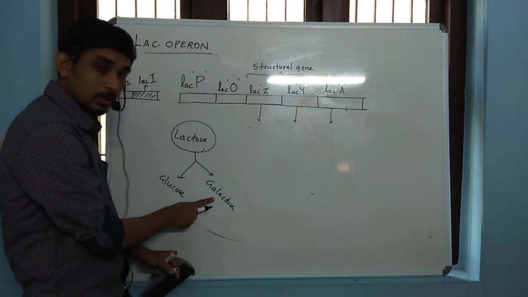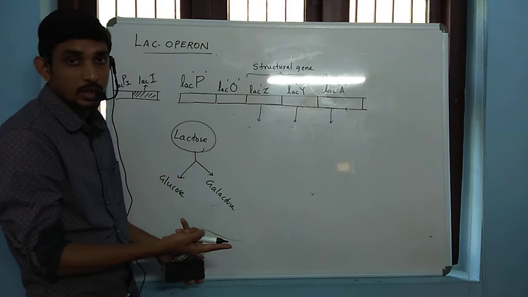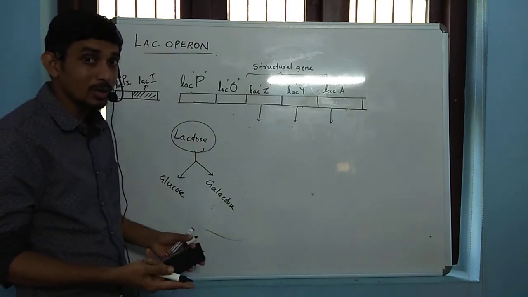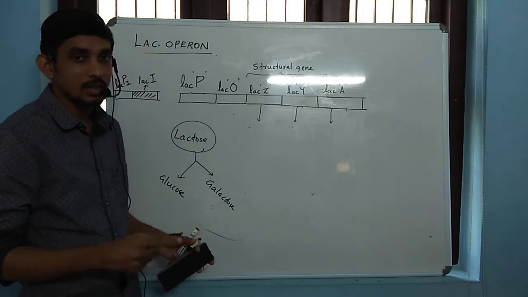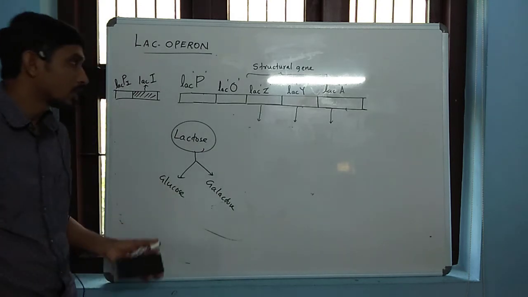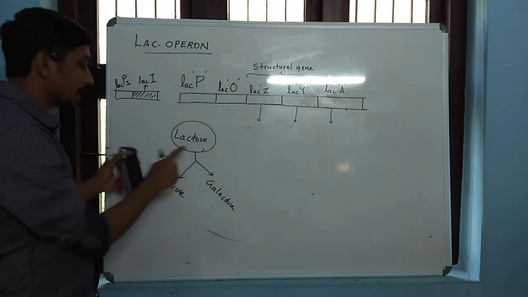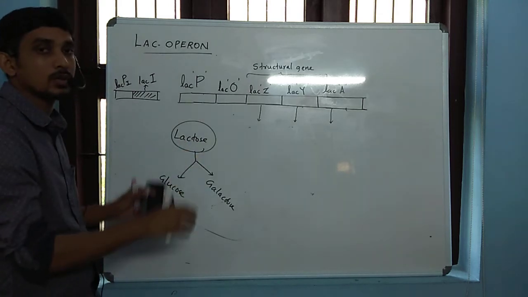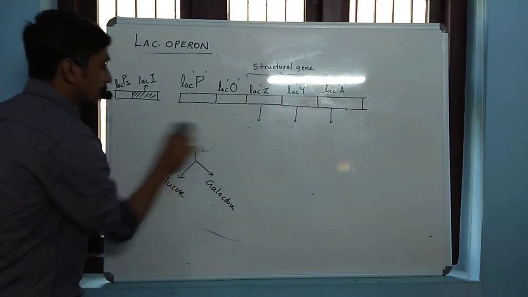The resultant galactose can also be used by the cell for producing energy through another operon, called the gal operon, which will be discussed in the next class. So the main function is to cleave or catabolize lactose into glucose and galactose for the purpose of producing energy. That is called the lac operon.